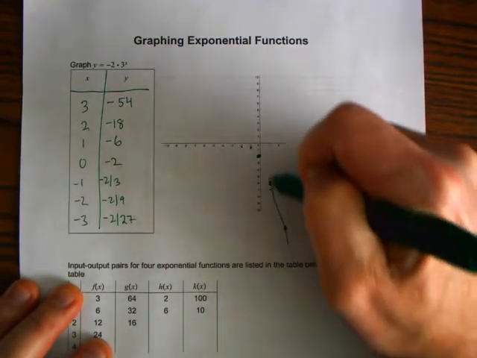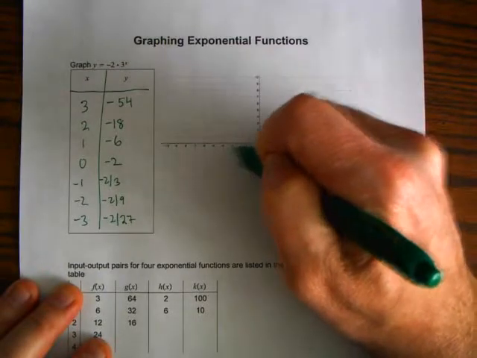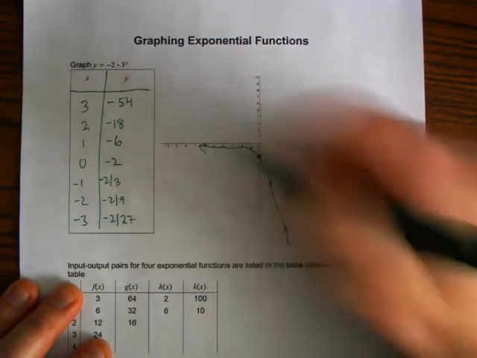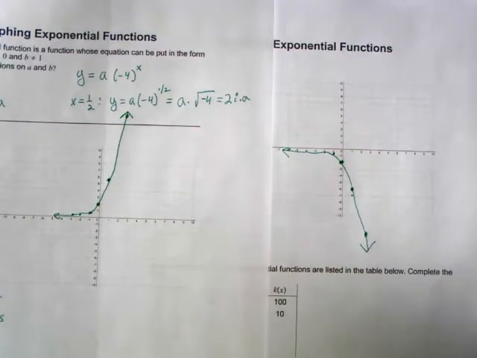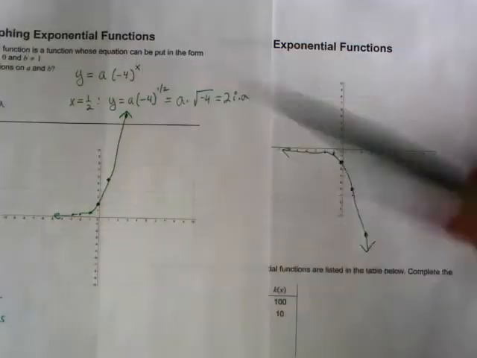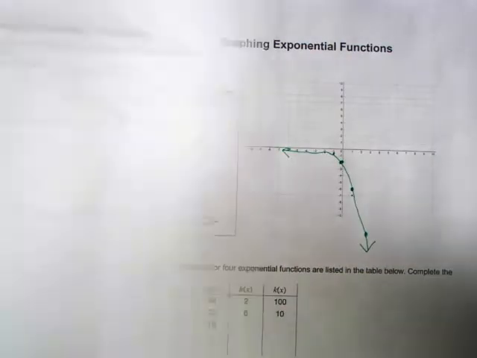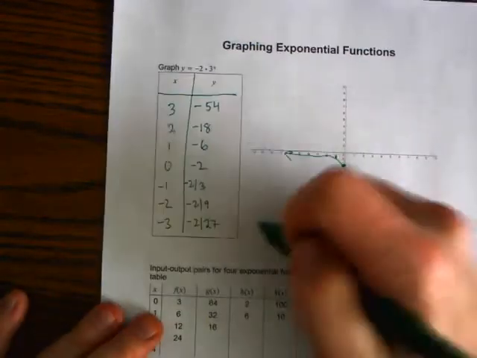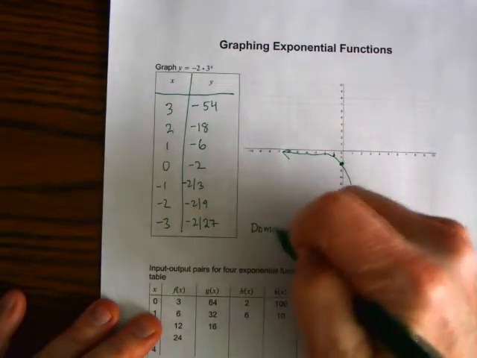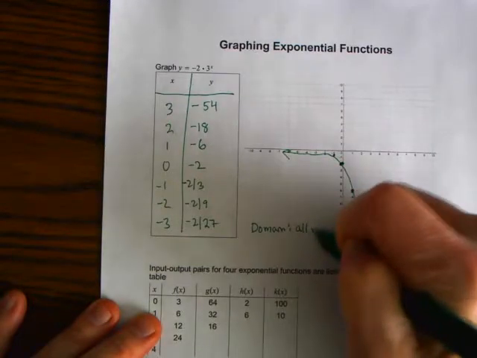So what we get is pretty much the same picture that we got before, simply flipped upside down, as you can see. There's the two of them next to each other, so instead of it going up this way, it goes down that way. So the biggest change is in the range. The domain is still all real numbers.